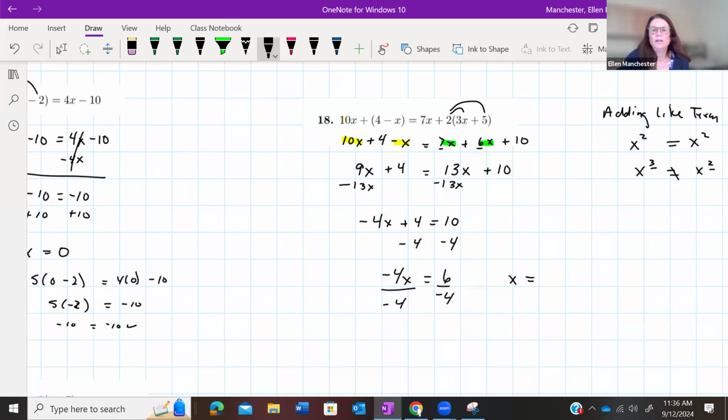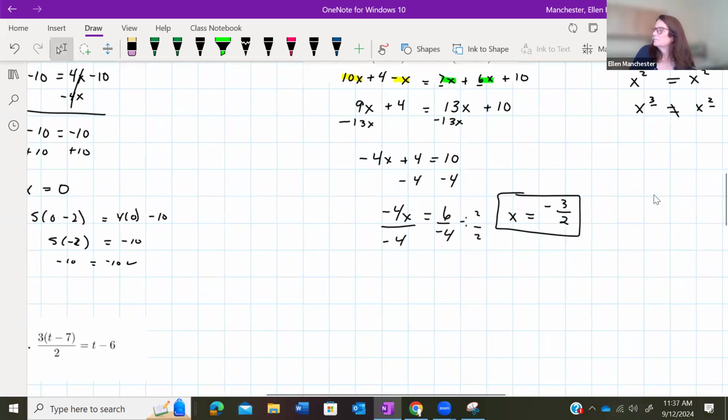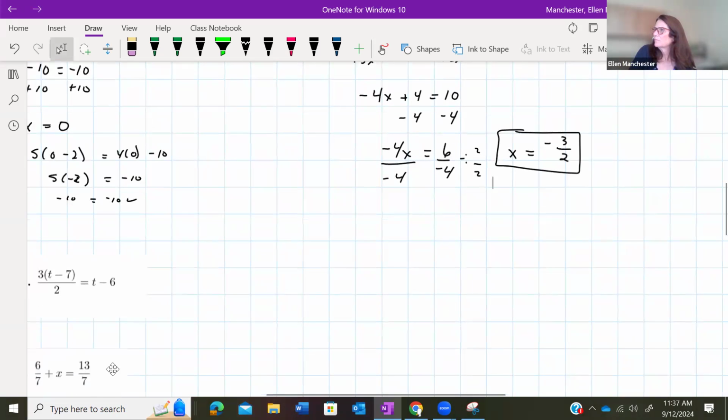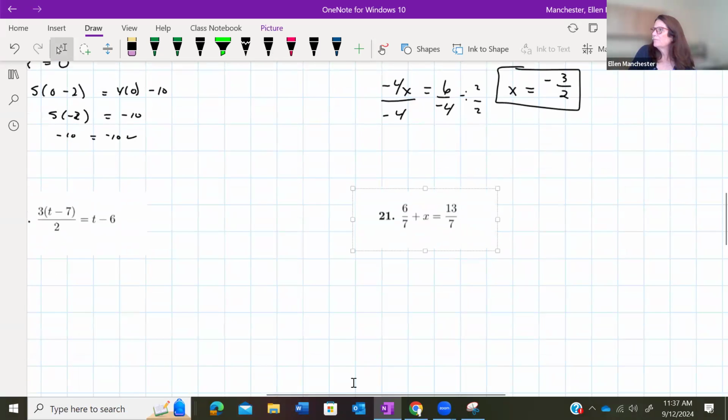So my x is going to equal -3 halves, because I'm dividing both top and bottom by 2. All right, everyone good?